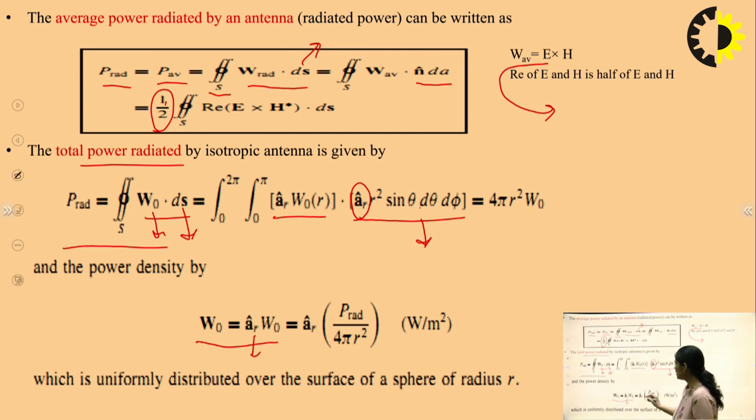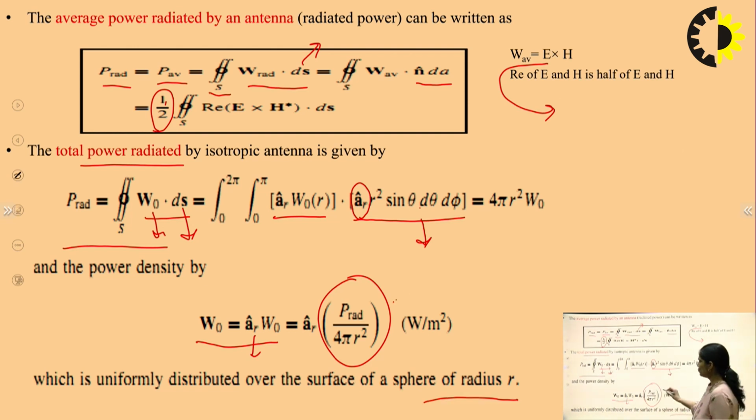Now you all know W naught is equal to what? P radiated upon 4 pi r square. This is uniformly distributed over the surface of the sphere of radius r. So W naught is equal to the unit vector a_r times P radiated upon 4 pi r square.